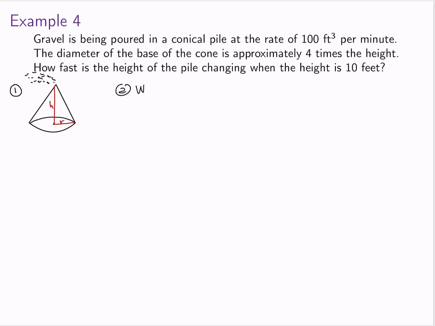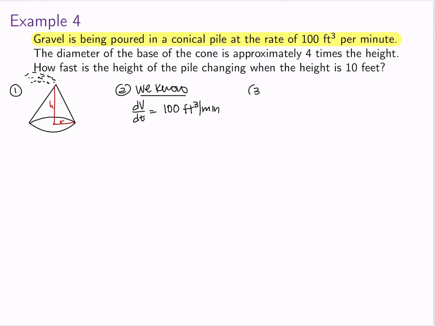All right, what do we know? Well, what have we been told? It says that gravel is being poured into a conical pile at the rate of 100 feet cubed per minute. So that's how the volume of the pile is changing. So dV dt is increasing, so we'll keep it positive at 100 cubic feet per minute.